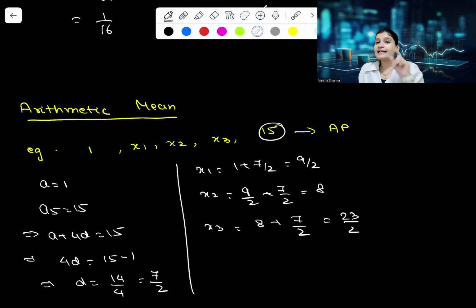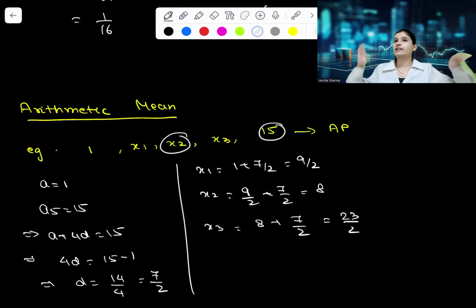Now, what is the second arithmetic mean in the given example? X2. The second arithmetic mean is x2, but which term of the sequence is it? Third term. We are not adding 2 here, we're only adding 1. Why? Because only the first number is accounted for, the last one I don't need to take into consideration. If I say first arithmetic mean, I'm talking about x1, but it is the second term of the sequence.